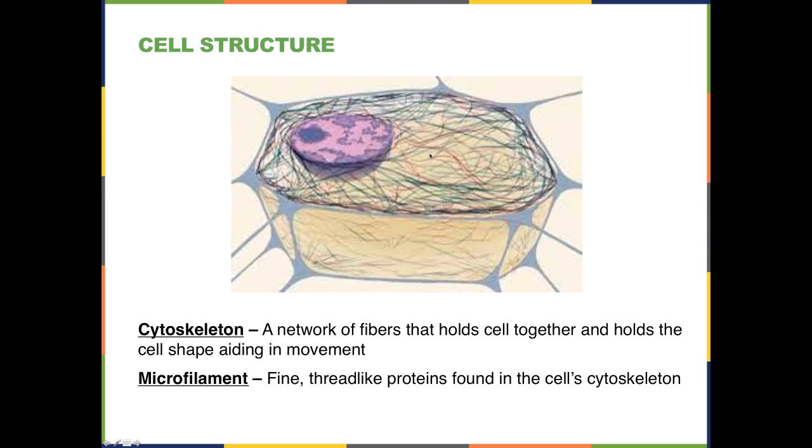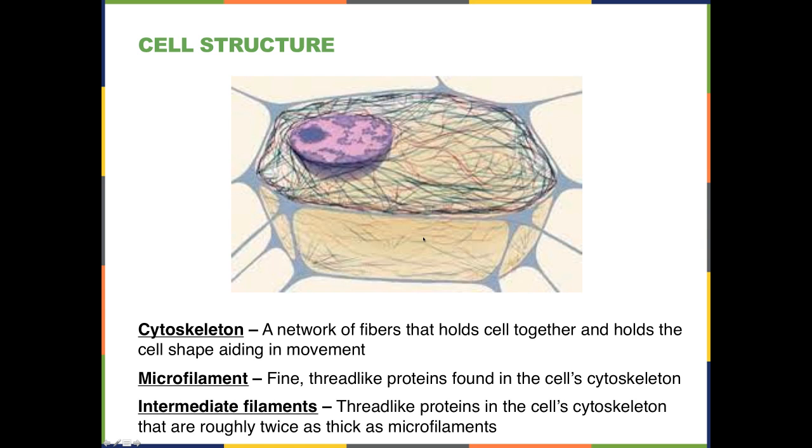Individual parts of the cytoskeleton are known as microfilaments. These are fine thread-like proteins that are found throughout here that perform the function that I've stated before, that is the movement of materials through the cell and holding the cell in its shape.